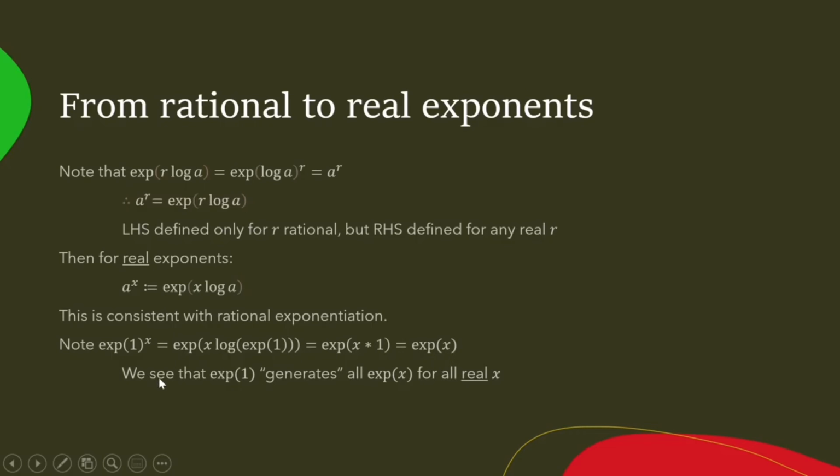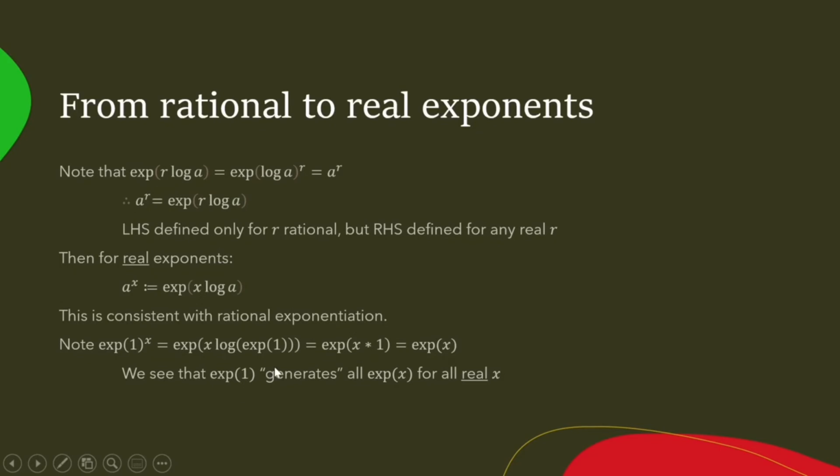And so what we see is that exp of 1 generates all exp of x, which is something that we had already said for rational exponents. But now this is for all real exponents. So again, all we really need to know in principle is what exp of 1 is.